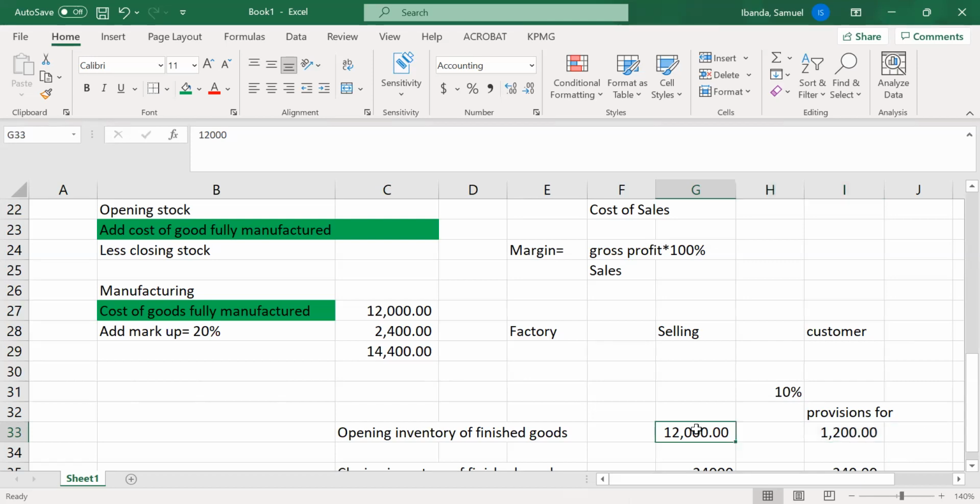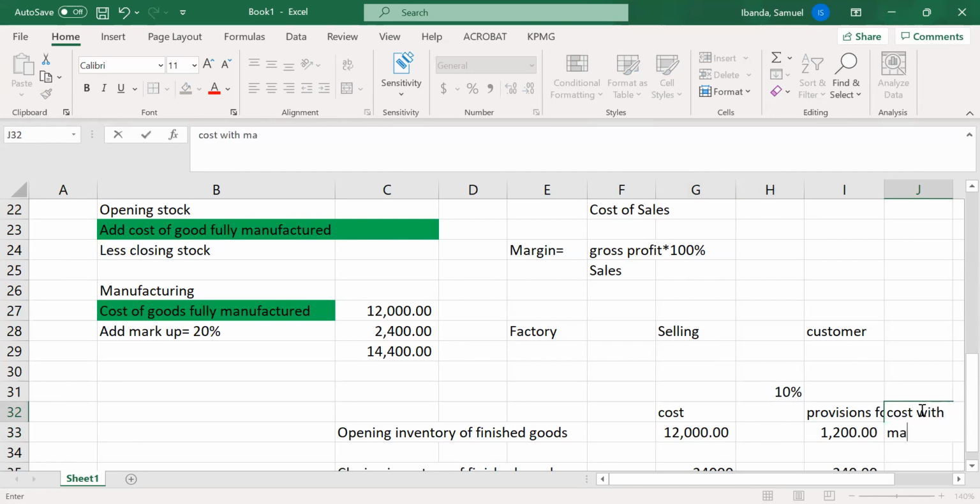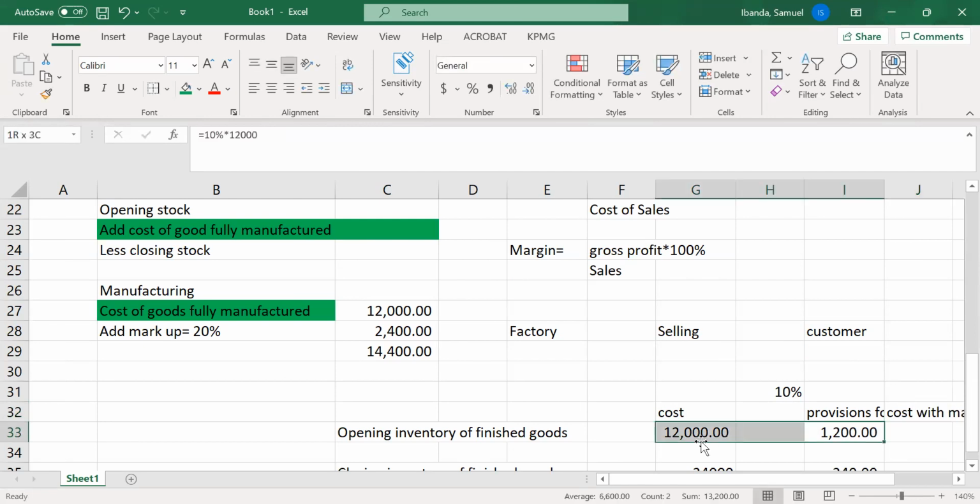Basically, the value that has a markup onto it. Okay, this is the cost. But if you want to get the cost with the markup, it would be basically the summation of those two values. So the cost with markup is what you basically take. So you take the total of these two figures.